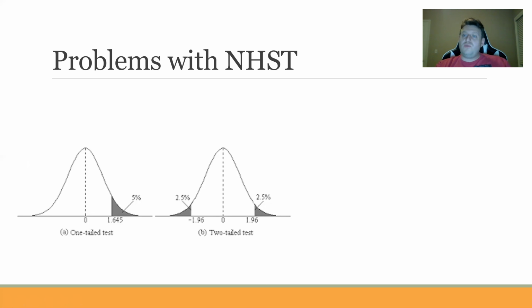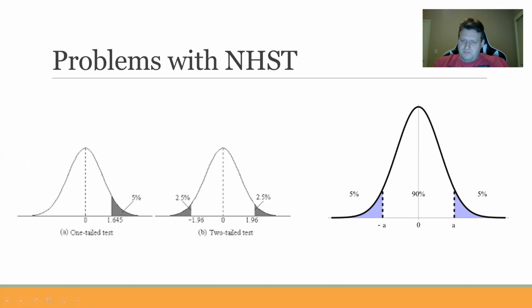If you do this, what you're essentially doing is instead of putting all of your 5% rejection region on one side, we're splitting that rejection region into two equal parts, so it adds up to 0.05, which is our alpha level. You're essentially putting that 5% on both sides of the distribution.